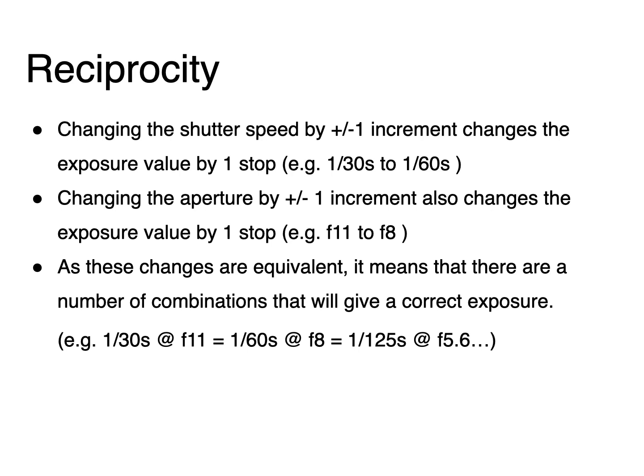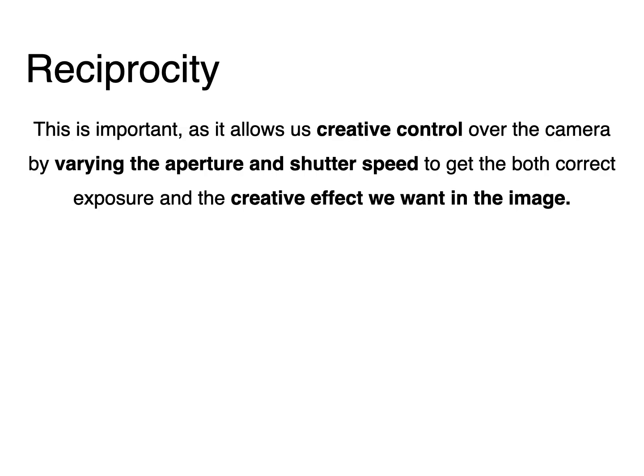So the f-stop and shutter speed reciprocity is as given. We can try different combinations to give a correctly exposed picture. This is important as it allows us creative control over the camera by varying the aperture and shutter speed to get both the correct exposure and the creative effect we want in that image.